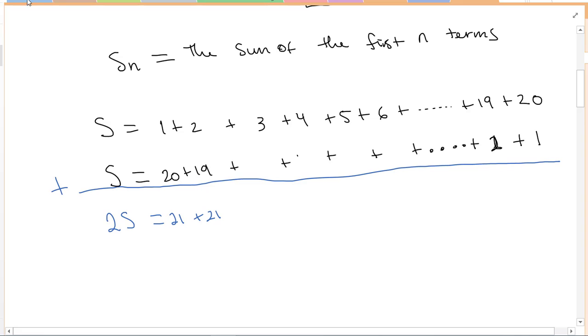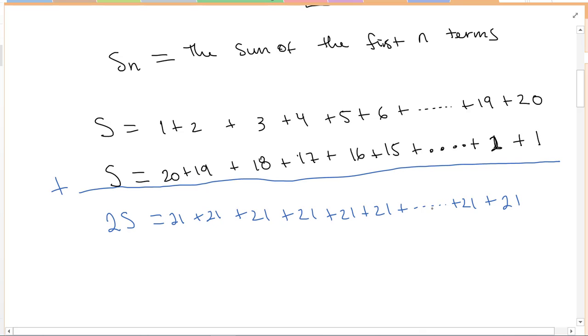So 18, 17, 16, 15. Okay. Now notice that everything is adding up to 21. 19 plus 2 is 21, and 20 plus 1 is 21.